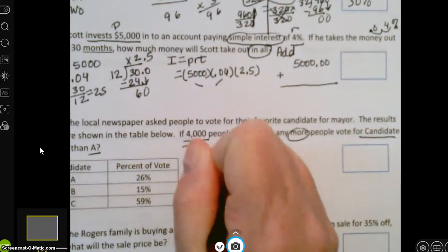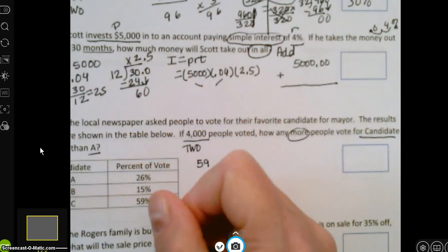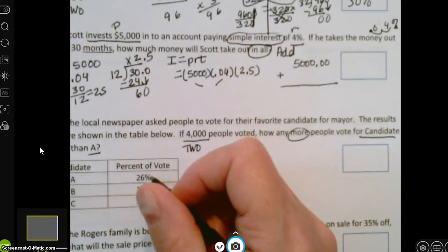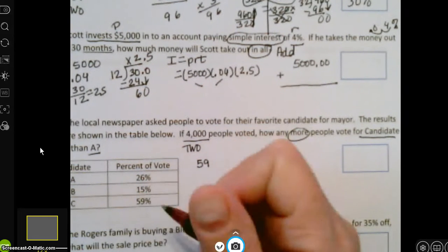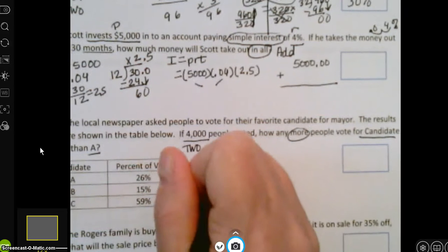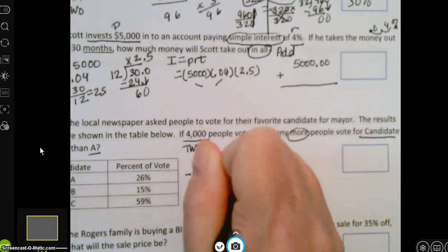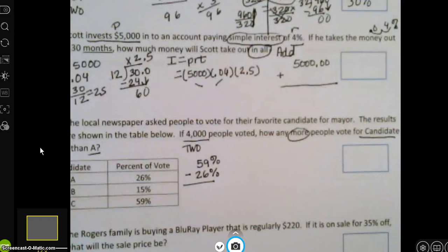Now there's two ways of doing this. I can use this percent, change the percent to a decimal and multiply, change the percent to a decimal and multiply, and then subtract. Perfectly fine. Or I can subtract my percents first, so I don't have to change the percent to a decimal and multiply twice.